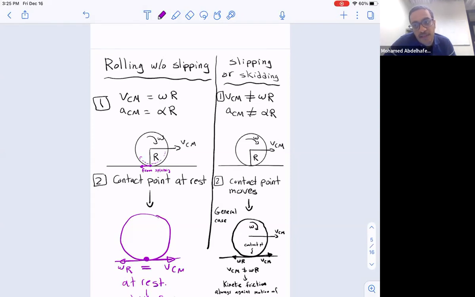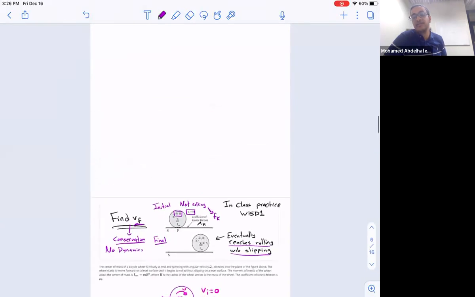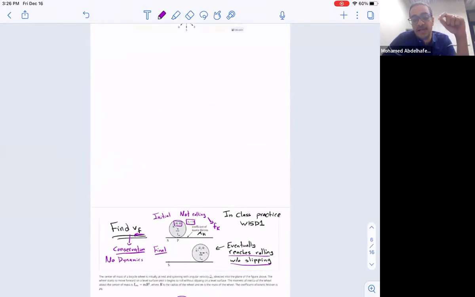G hat is into the board, meaning I hat is to the right and J hat is down. V final is positive I hat. R perpendicular is negative J hat. No, R is up, because we're doing R cross V. So negative J cross I is actually positive K. I cross J is K, so J cross I is negative K, so negative J cross I is positive K. I hope that makes sense to you.